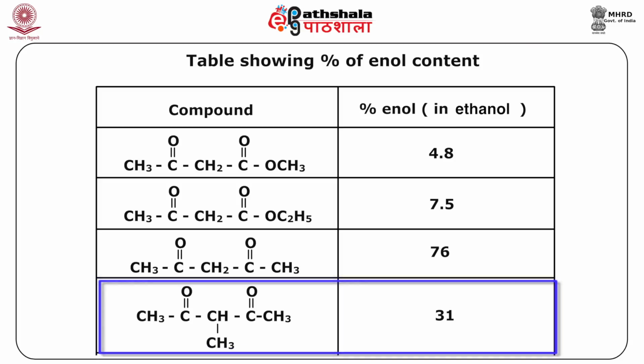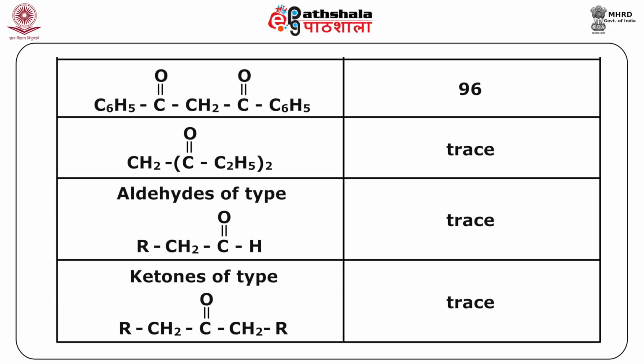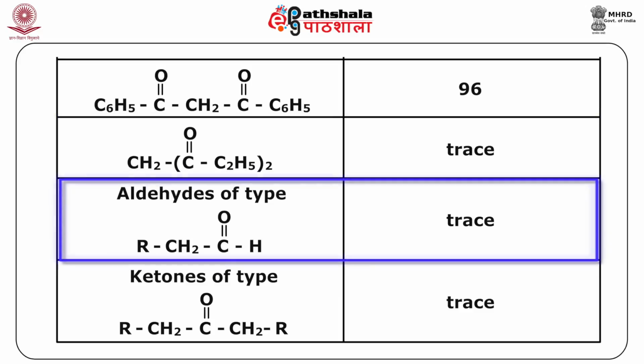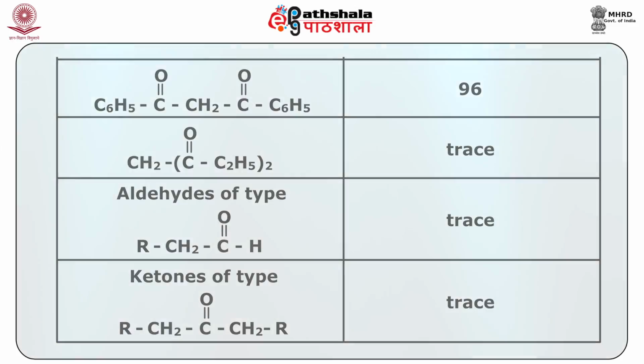Then another dicarbonyl, the substituted one, has 31, and another dicarbonyl where both of these are phenyl, you can see it is significantly higher at 96. Similarly, in the case of simple aldehydes RCH2CHO, there is a trace, diethyl malonate is also a trace, and for the ketones of the monocarbonyl type, there is again a trace amount of enol content.